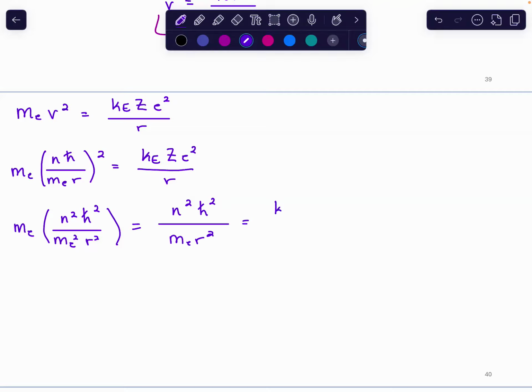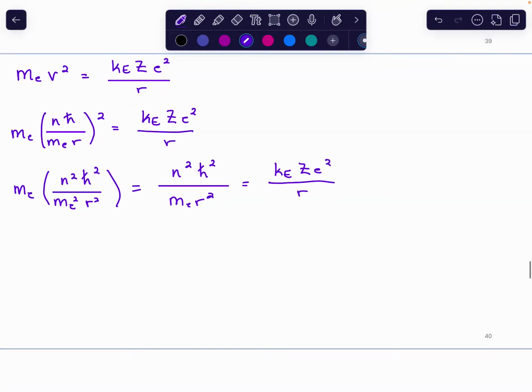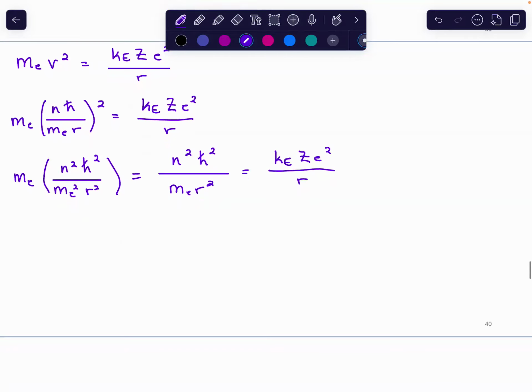And again, that equals our k_e Z e squared over R. So then I'm going to multiply through by the R squared. So that's going to give me R squared k_e Z e squared over R equals n squared h bar squared over m_e.